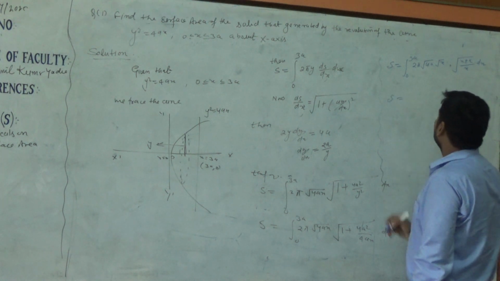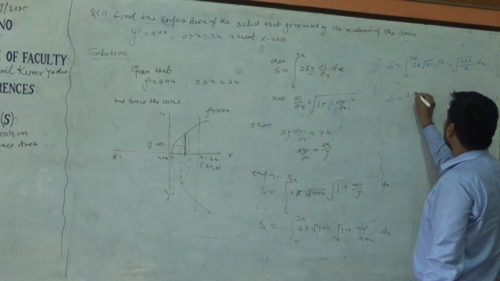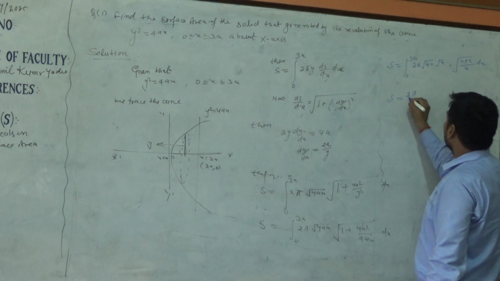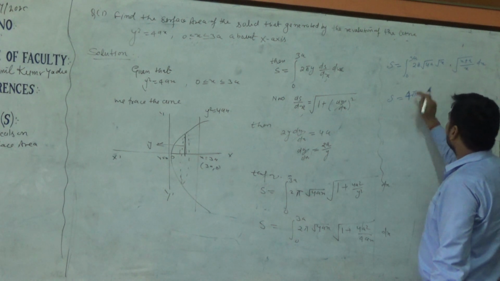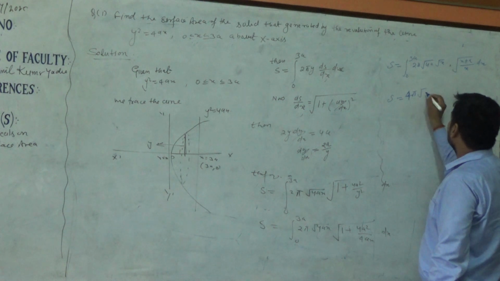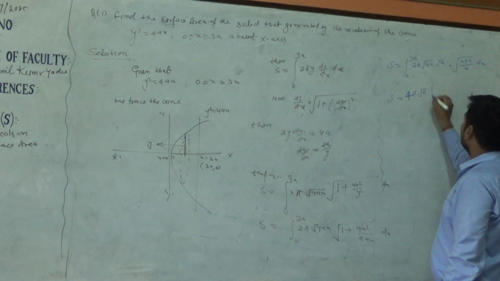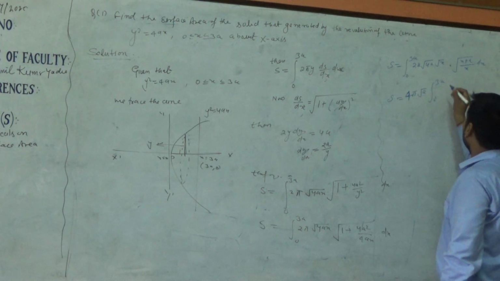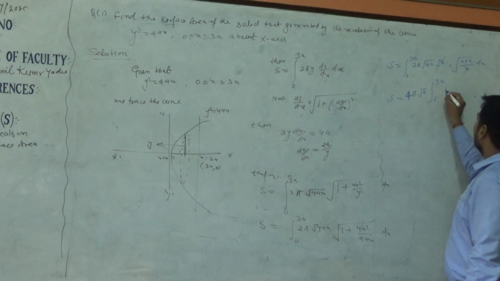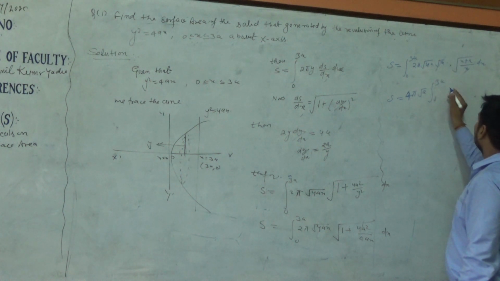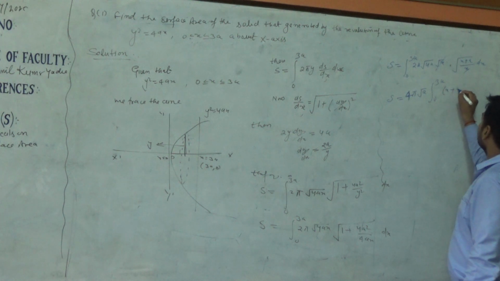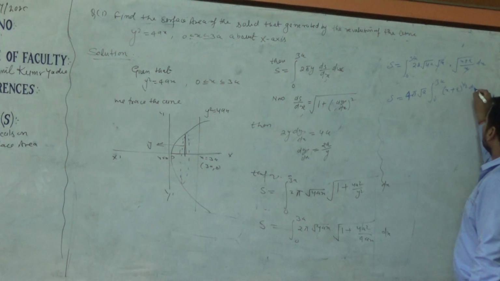After simplification, this equals 4 pi root a times the integral from 0 to 3a of (x plus a) raised to the power 1 by 2 dx.